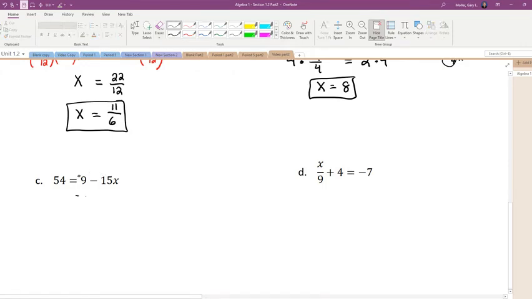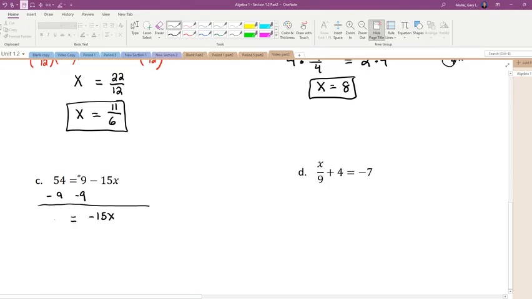That would be subtracting 9. Plus 9 minus 9 is 0. If you added 9 here, we'd have 18. So we just have to pay attention to the signs. This negative belongs to the 15, has nothing to do with the 9. Okay, so I'm going to subtract, and on the right side, I have negative 15x. And 54 minus 10 would be 44.